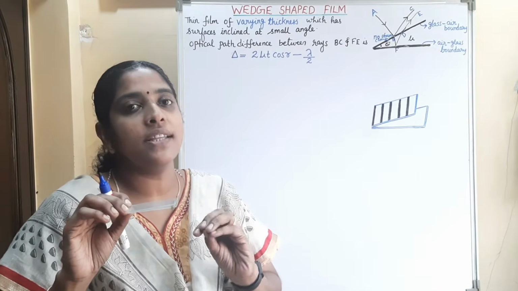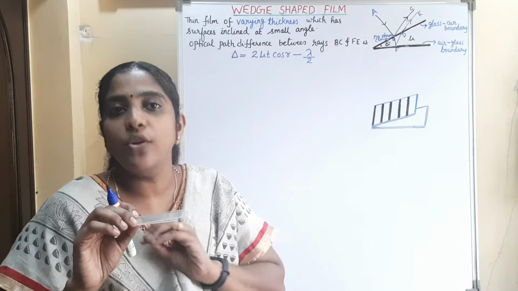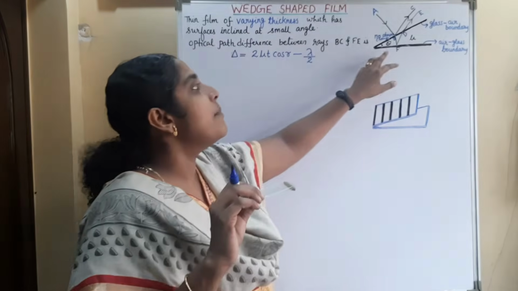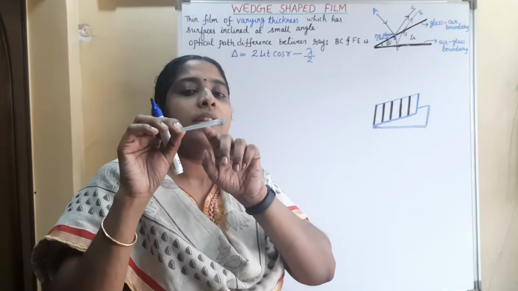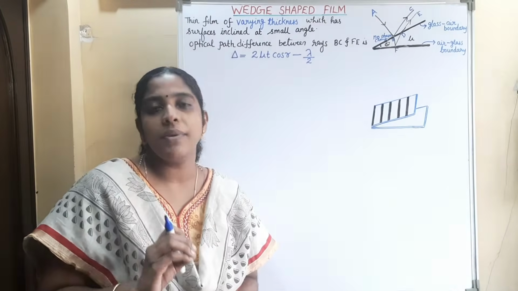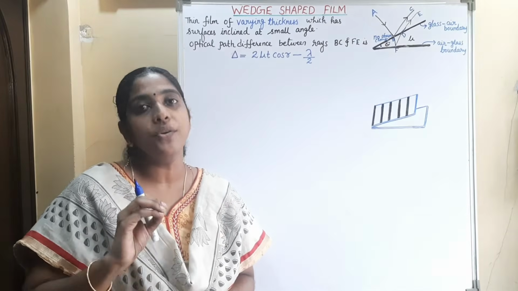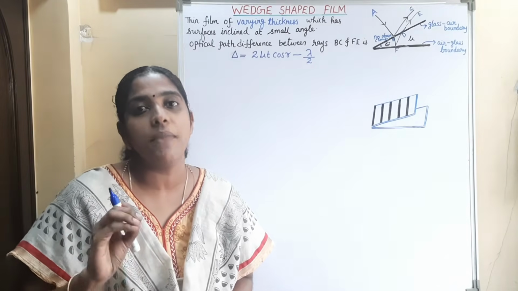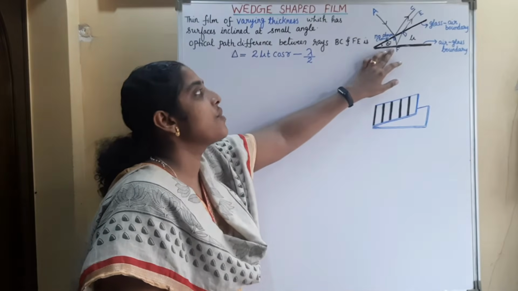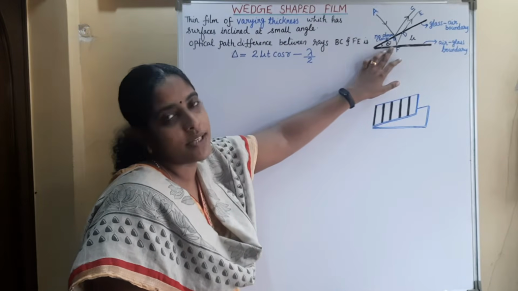For the reflection at the denser to rarer boundary, there will be no phase change and no path difference correction. But at the bottom surface of the film, the light is going from the rarer to denser boundary, and there will be a phase change of pi due to the rarer to denser boundary reflection. So this lambda by 2 is due to the phase change of pi that occurs at the bottom surface of the film.